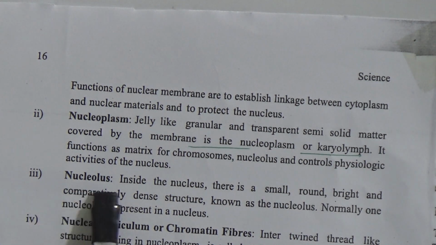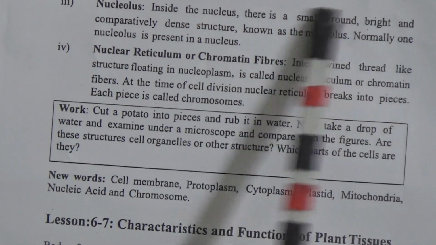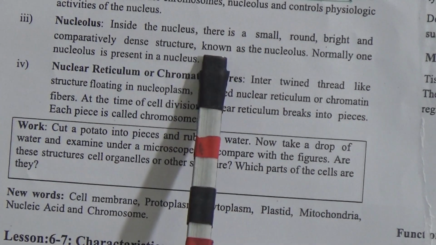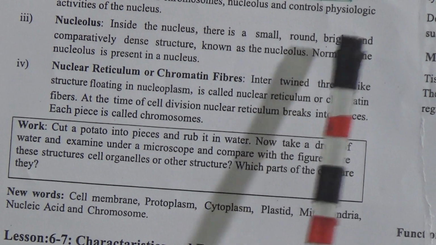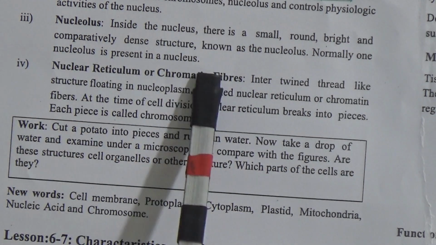Now number 3, nucleolus. Inside the nucleus there is a small round, bright and comparatively dense structure known as the nucleolus. Normally one nucleolus is present in a nucleus.